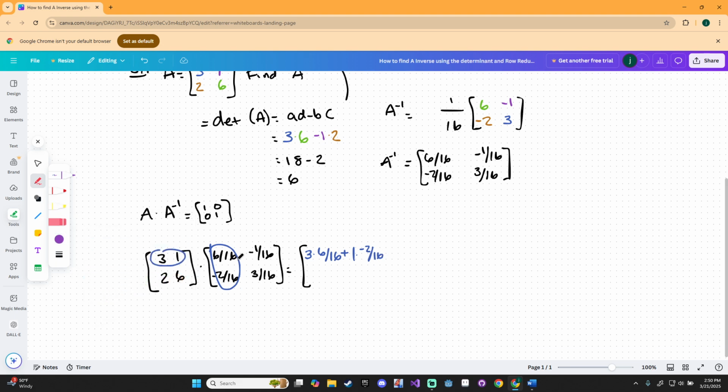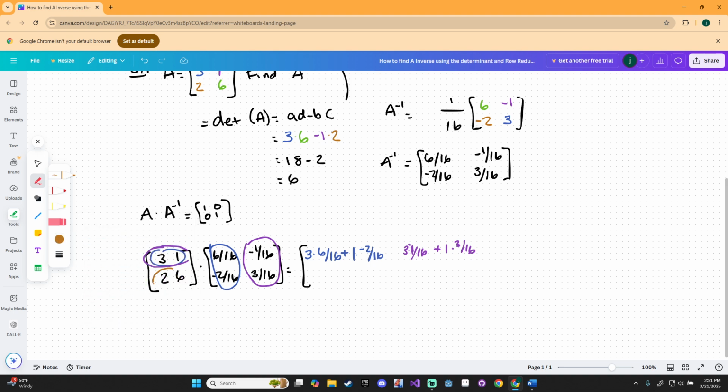For our top right one, we will do this top row times the right column. So we're going to have 3 times -1/16 plus 1 times 3/16.